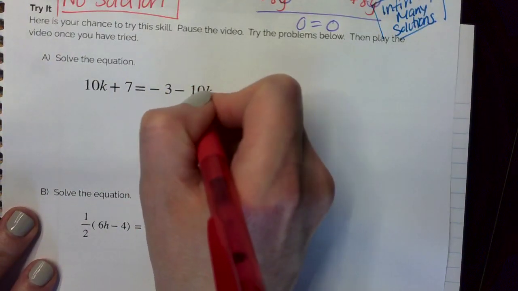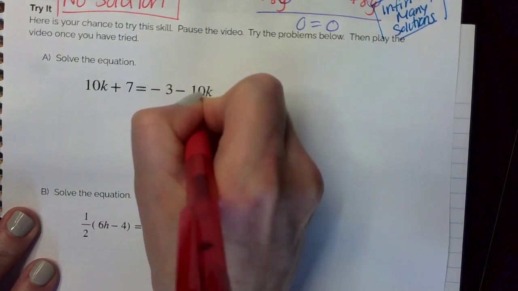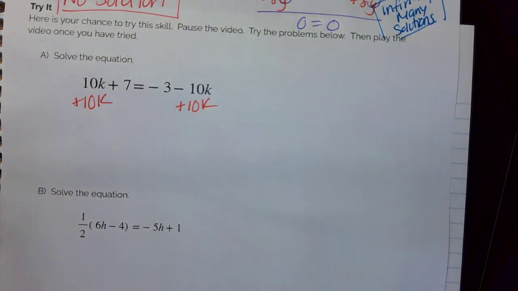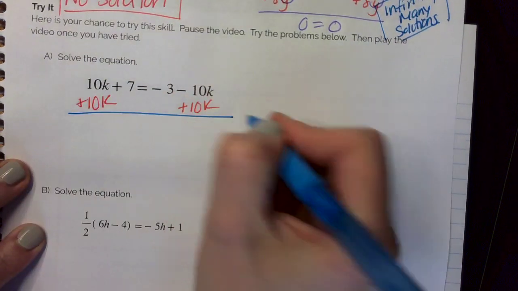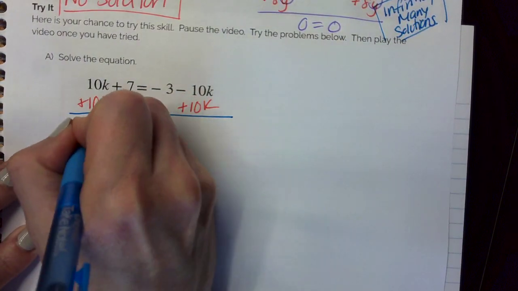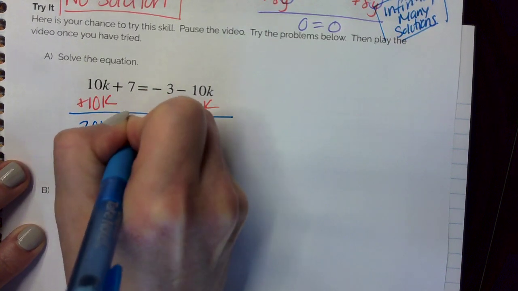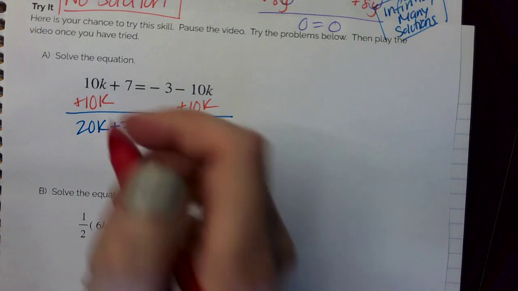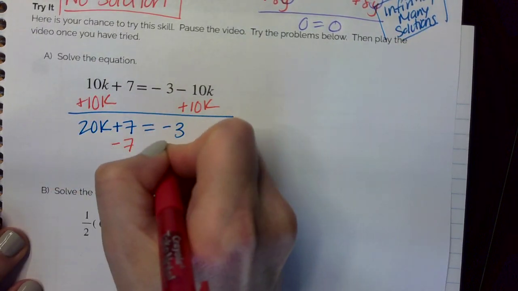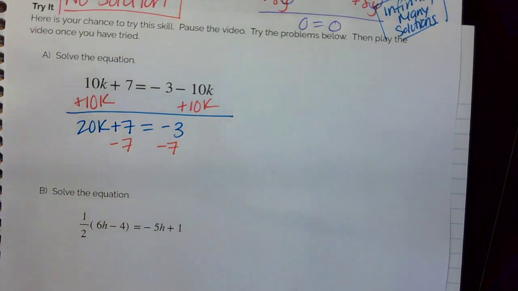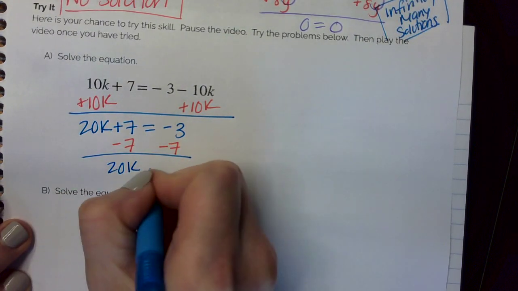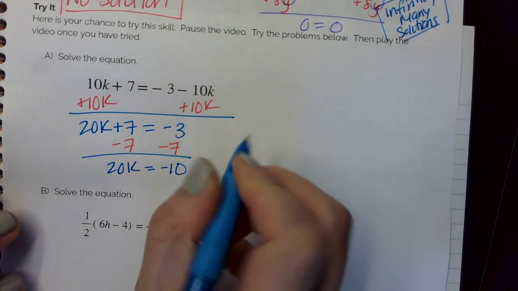Let's isolate the variable terms on the left. So I get 20k plus 7 equals negative 3. Let's isolate the variable: 20k equals negative 10.